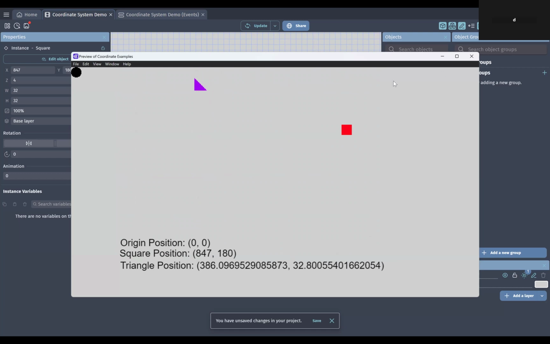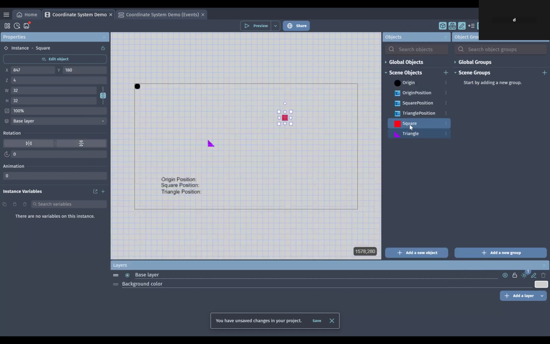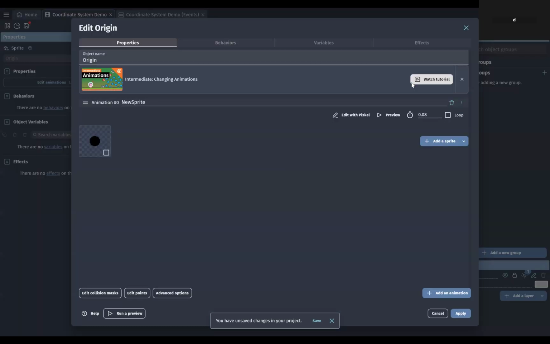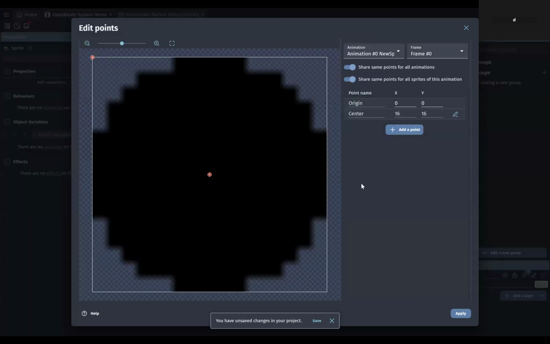Let me show you in GDevelop. So in GDevelop, if I click on an object, there's an option here called Edit Points, and you can have different important points for your shapes.